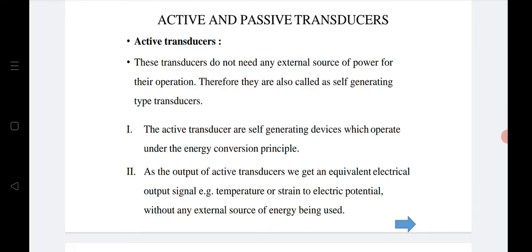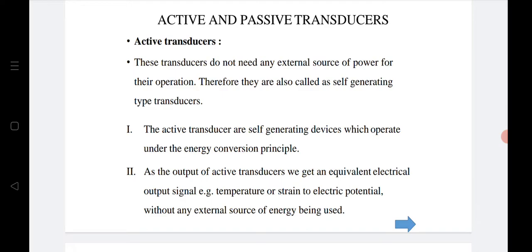Active transducers always operate under the energy conversion principle. As the output of an active transducer, we get an equivalent electrical output signal. Example: temperature or strain to electrical potential without any external source of energy being used.